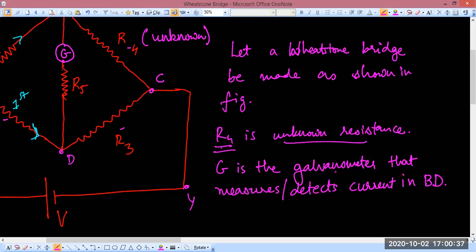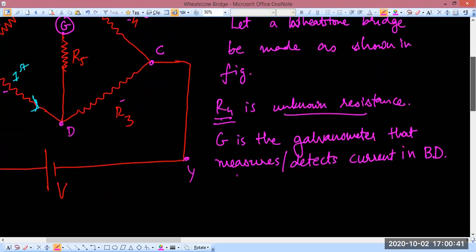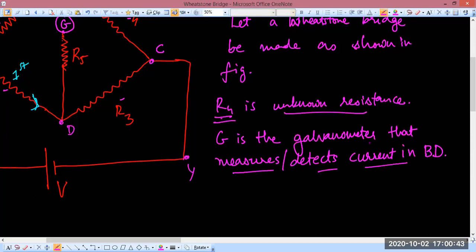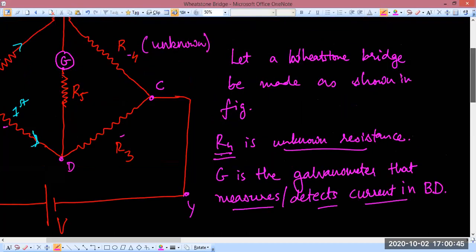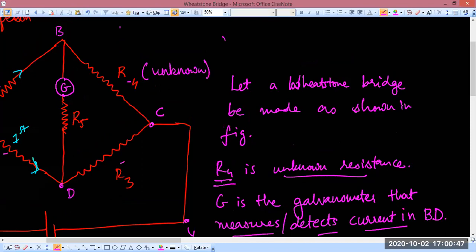Okay, so what is a galvanometer? It is an instrument that can measure or detect current. It means it will tell us, like a speedometer, you have seen a speedometer, right? Like that there is a needle in a galvanometer. It moves to either side depending on current, right?